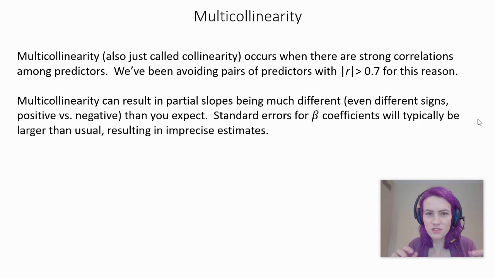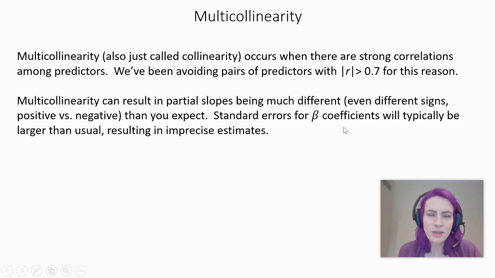One little change in one place could cause enormous changes all over. This is going to make the partial slopes in our model very volatile. Just moving a couple data points could cause a dramatic change in the partial slopes. Sometimes they'll even be negative when you thought they'd be positive, or vice versa.